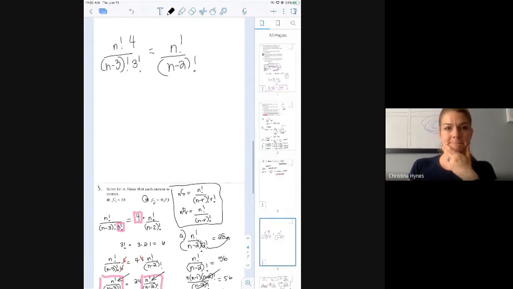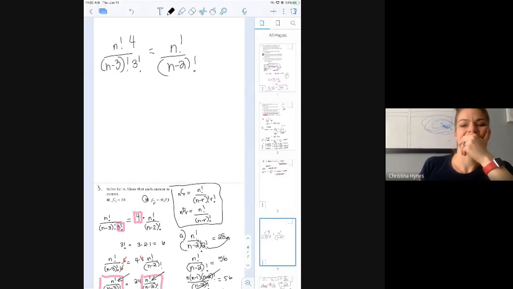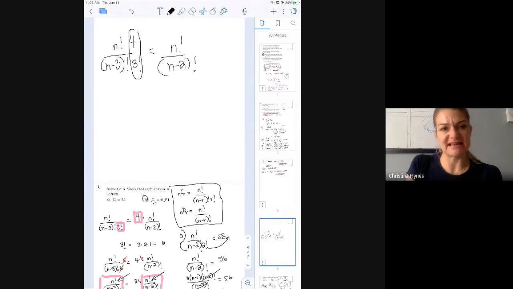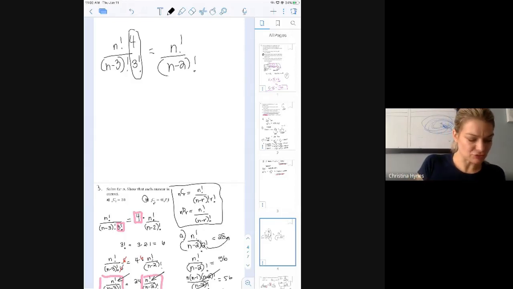It's pretty much the same. All you're doing is putting them together. You're just going to get a decimal, right? In your calculator, you would go 4 divided by 3 factorial, which is 6, and then you'd get a fraction like 2 over 3.